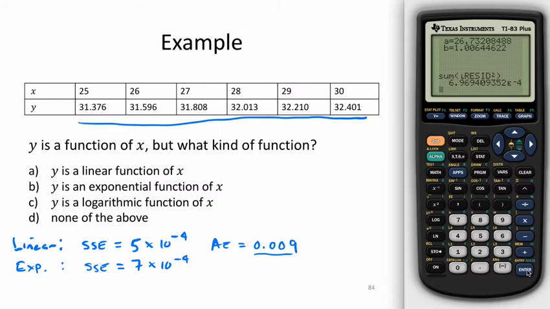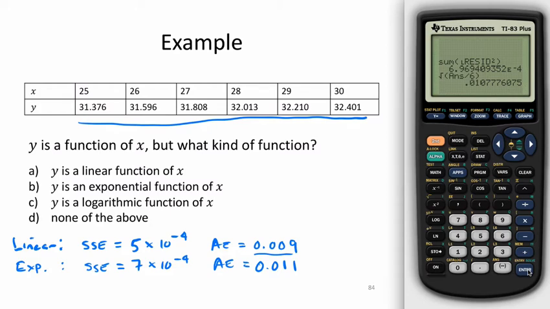This is not going to be exponential. I'll go ahead and calculate the average error, but I already know what the conclusion is. There's more error in this fit than in the linear fit. The square root of that SSE divided by 6, in y units, is about 0.011. So again, that error is significant to 3 decimal places, and I'm testing data that's presented to 3 decimal place accuracy. So this is not exponential data.